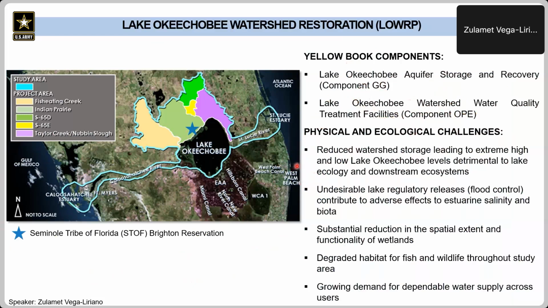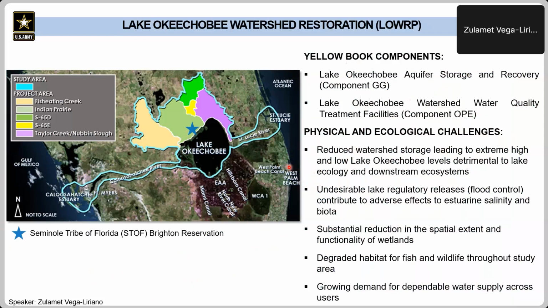Now let's focus on some of the physical and ecological challenges in this area. First of all, the main challenge is a reduction in watershed storage, leading to extreme high and low Lake Okeechobee levels, which are detrimental to lake ecology and downstream ecosystems. Undesirable lake regulatory releases contribute to adverse effects to estuarine salinity and biota.